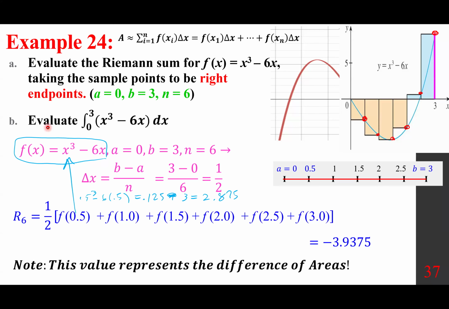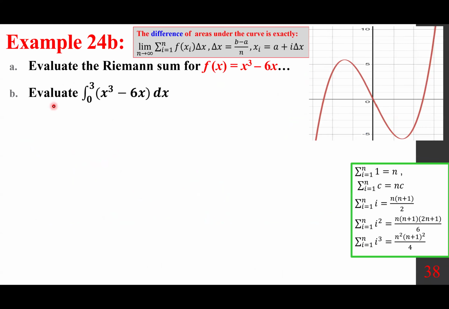But what about part B? So we're going to continue working on that. Part B, we want to evaluate this, which means we are going to find the delta x. But delta x is no longer b minus a divided by n, which was 6, but rather n in general.